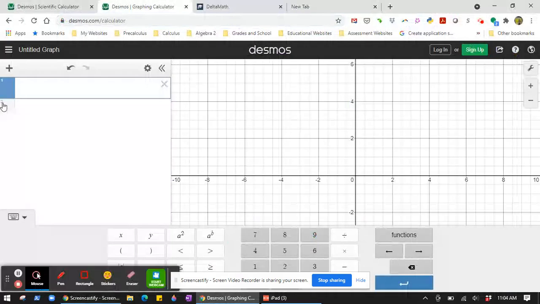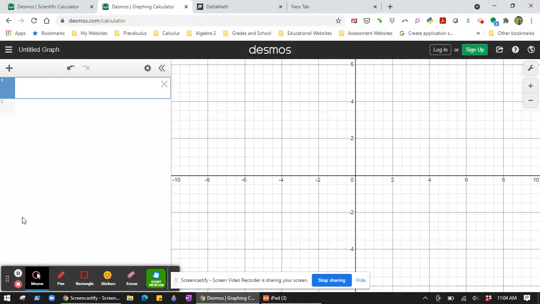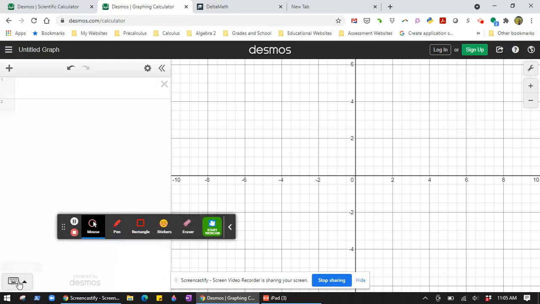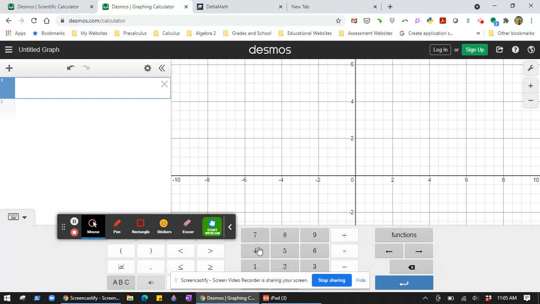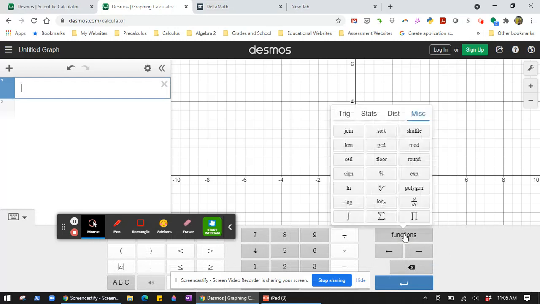So first of all, if you're using Desmos, just again, a reminder, we're trying to evaluate log base 4 of 20. To do that, you can click on this keyboard down here. Okay, that brings up some options. You don't see the log button. You have to hit functions.